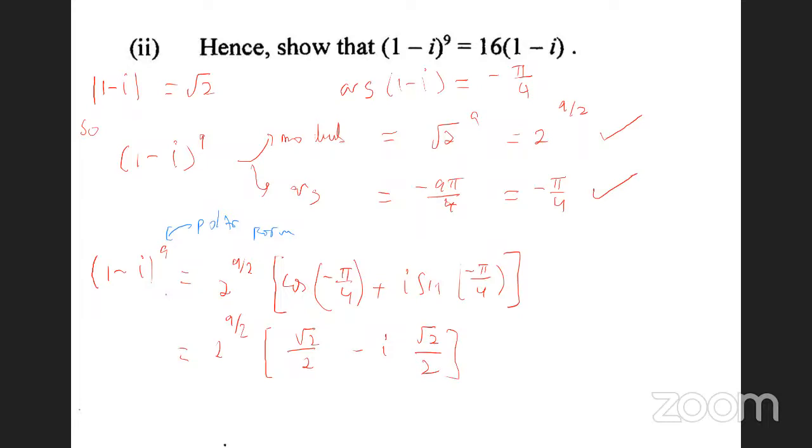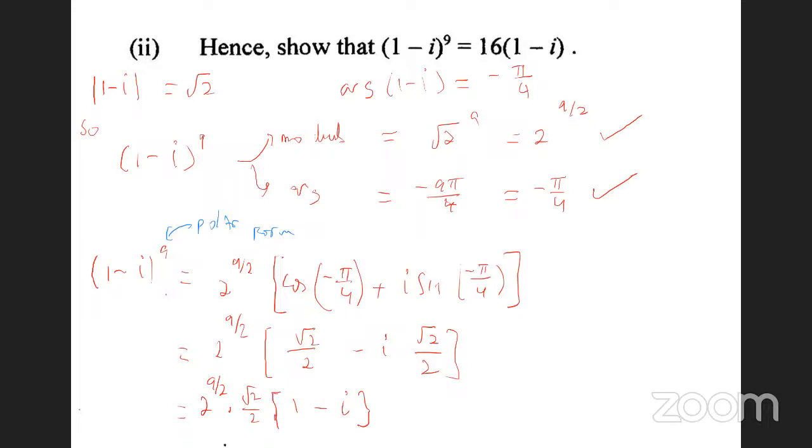All right. So once you have that, now we could try to multiply it out, or we could factor out root 2 on 2. So you will get 2 to the 9 on 2 multiplied by root 2 on 2, and you have your 1 minus i on the inside. So the inside is good.